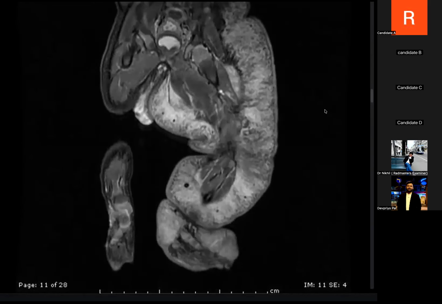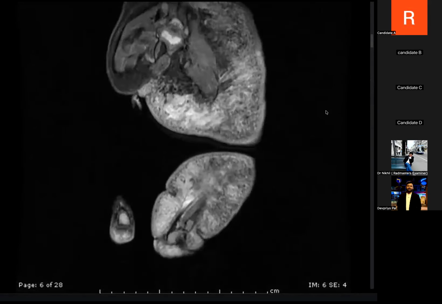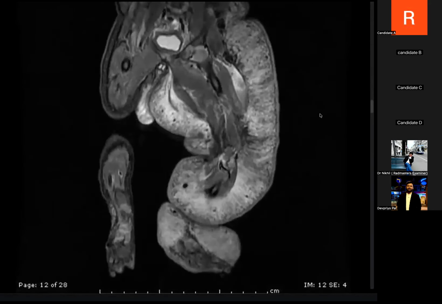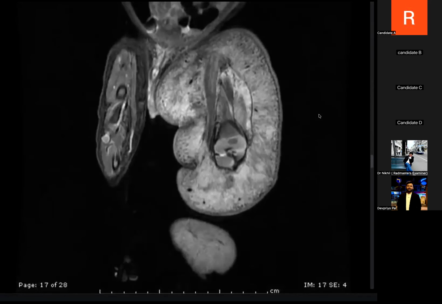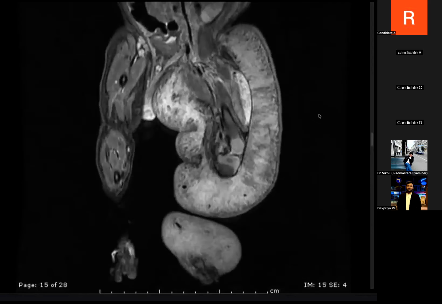Any malignancies that you can think about? Possible rhabdomyosarcoma.